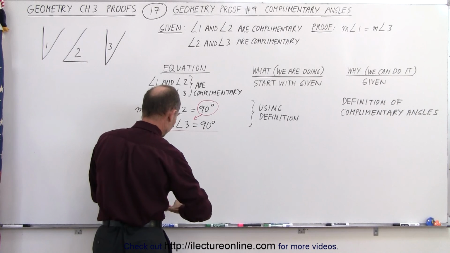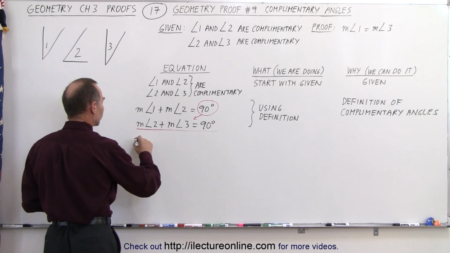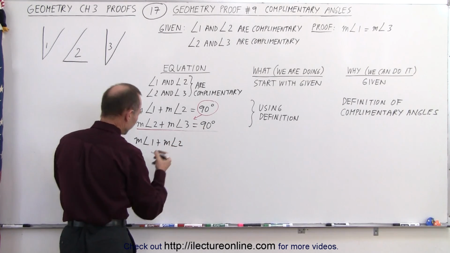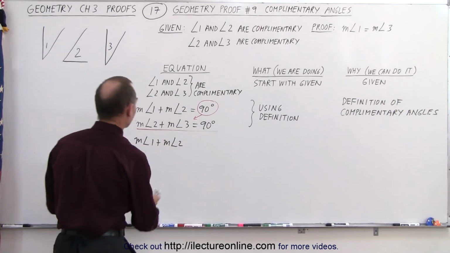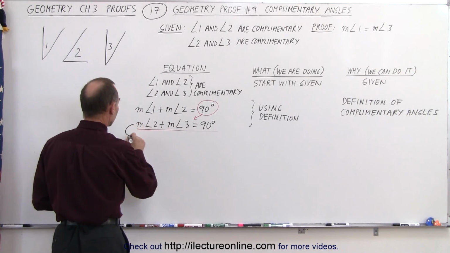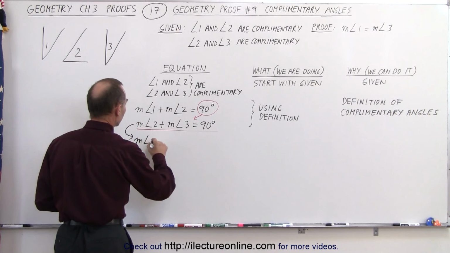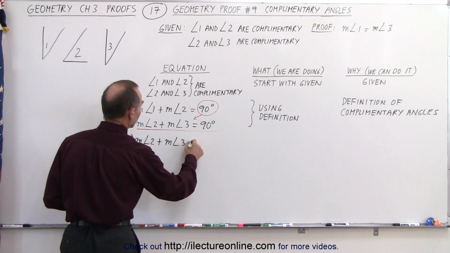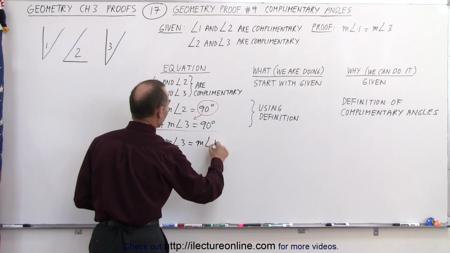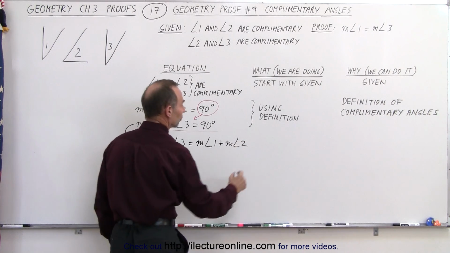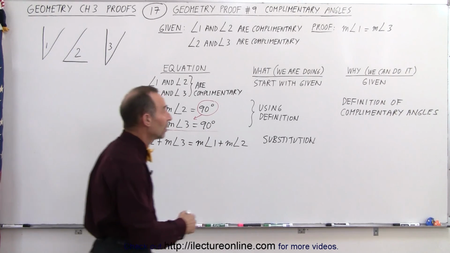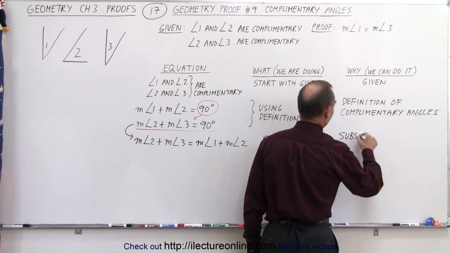So I think what I should do, so that it's visually easier to see what we're trying to do, is take the second equation and write this as the measure of angle 2 plus the measure of angle 3 is equal to 90 degrees, and since 90 degrees is equal to this, we can set it equal to the measure of angle 1 plus the measure of angle 2. So we use substitution. And how do we know that that is correct? Well, we use the substitution property of equality.